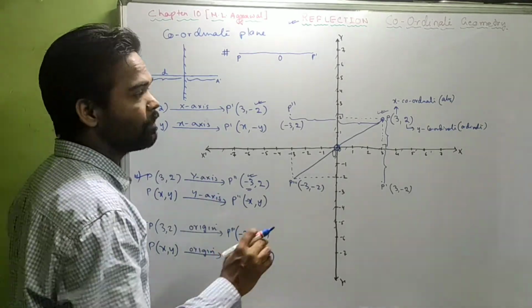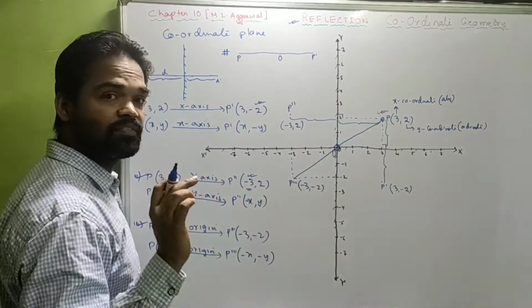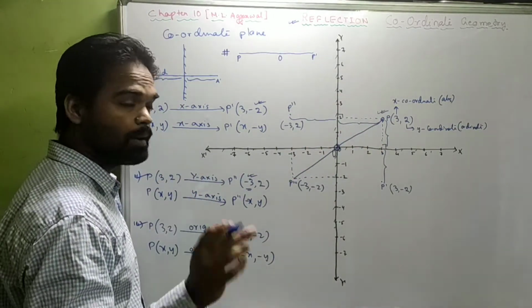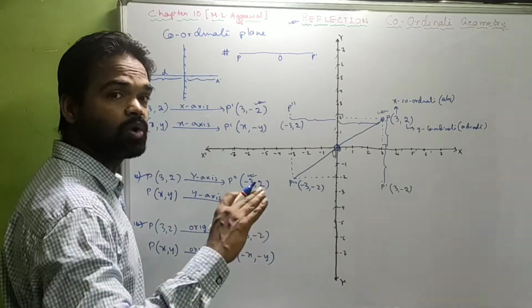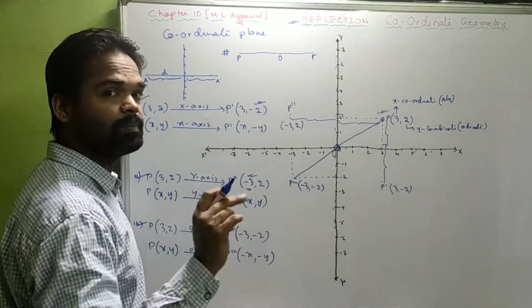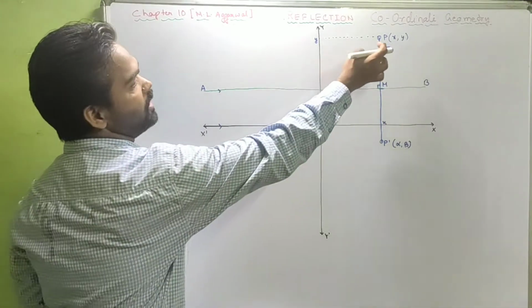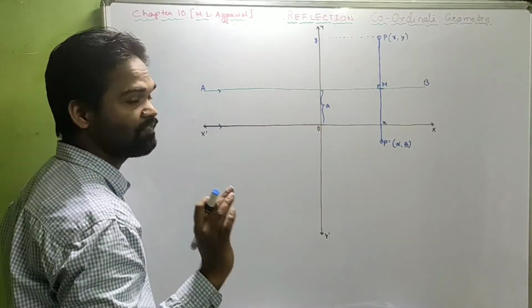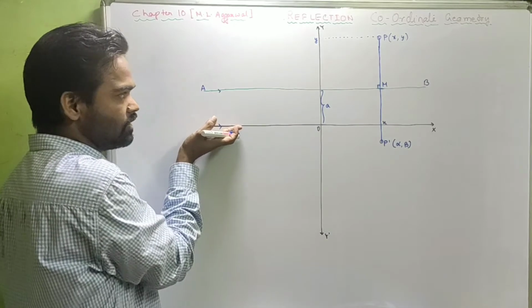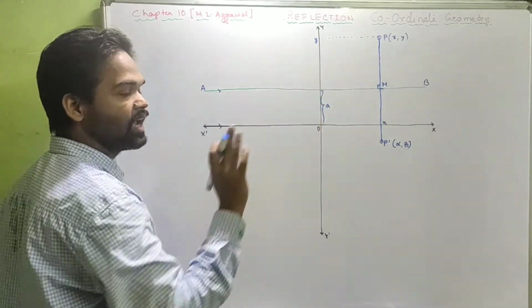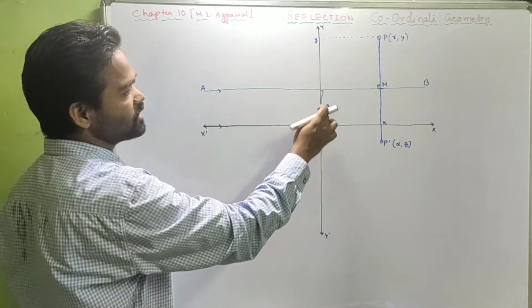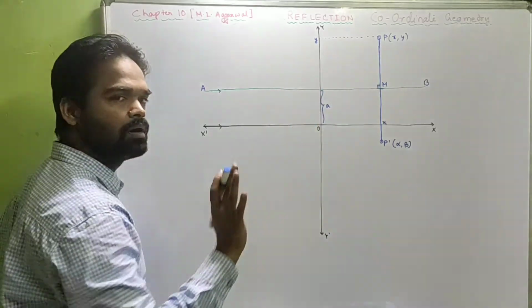Now suppose a point P is reflected on a line parallel to the x-axis or the y-axis, then what will be the situation? Suppose we take a case where a point P (x, y) is reflected in a line parallel to the x-axis, in this case AB, which makes an intercept of A units on the y-axis.